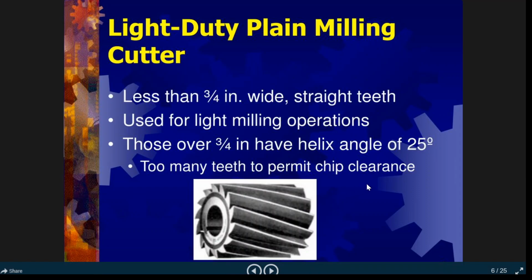Compared to the straight cutting edge, these inclined cutting edges give comparatively better performance. Because of this inclination, shearing takes place faster, the metal removal process is also very smooth, and the metal removal rate is also high. So these types of cutters are widely used rather than the straight cutting edges.